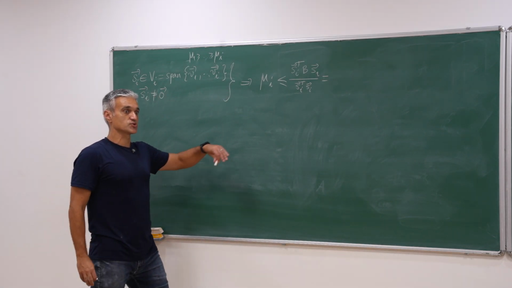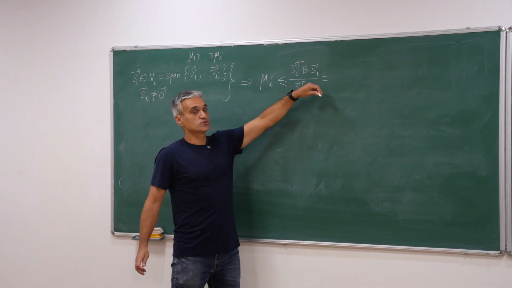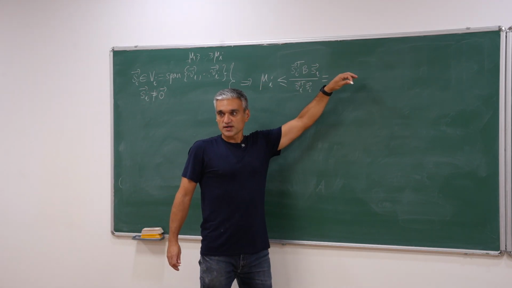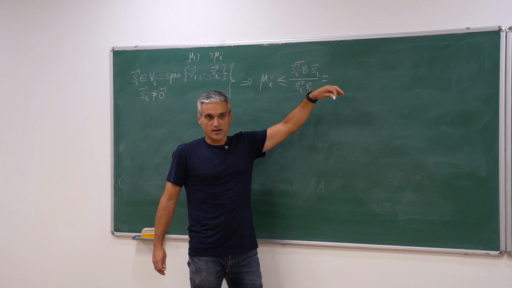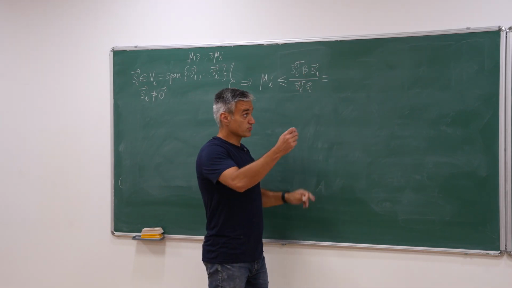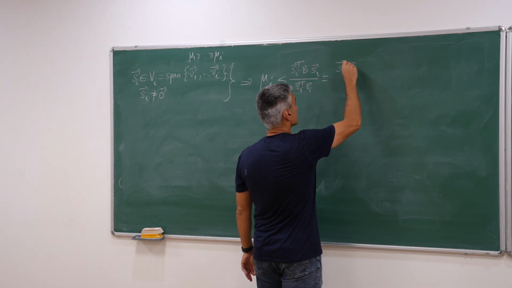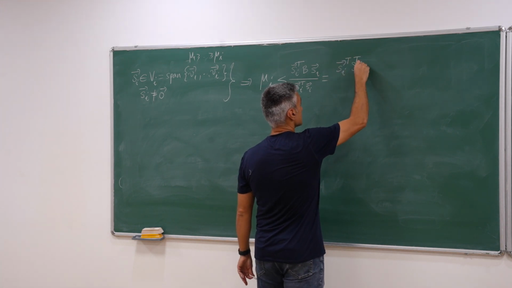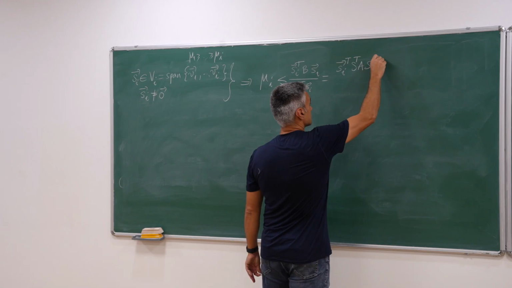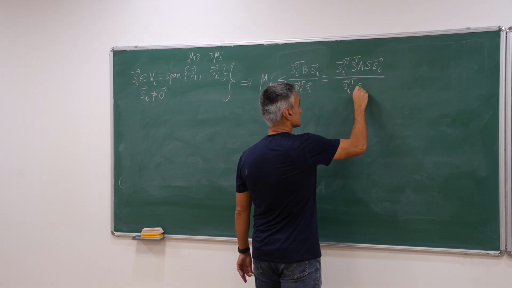Again, it's a double agent, so this is one side of the story. Now obviously you would like to continue this and get on the other side that this is less than or equal than theta I. Now B had a formula, this formula, so you have Si transpose S transpose AS Si divided by Si transpose Si.